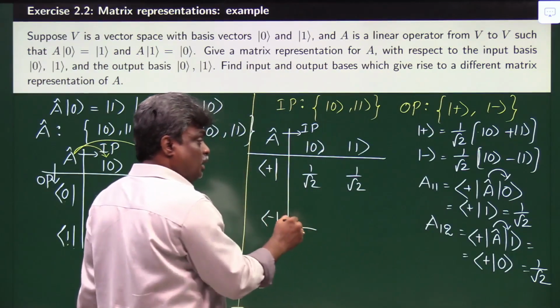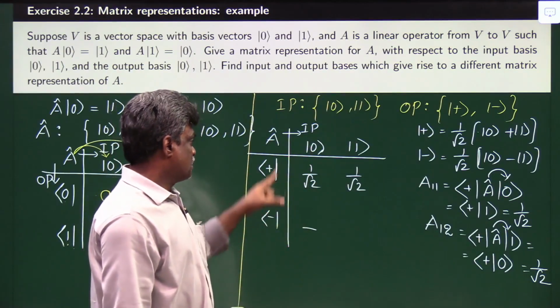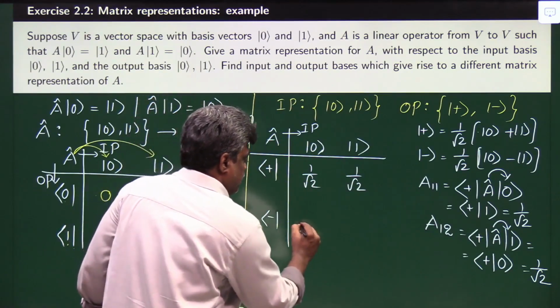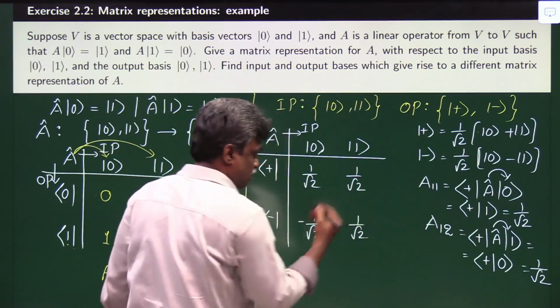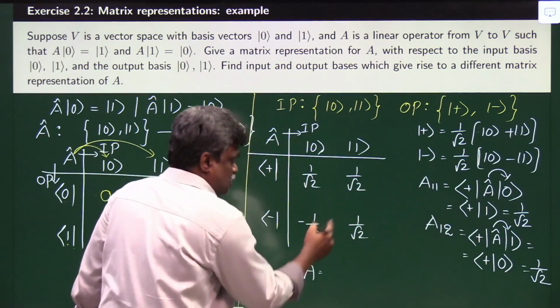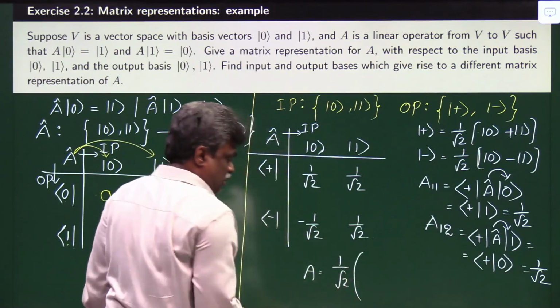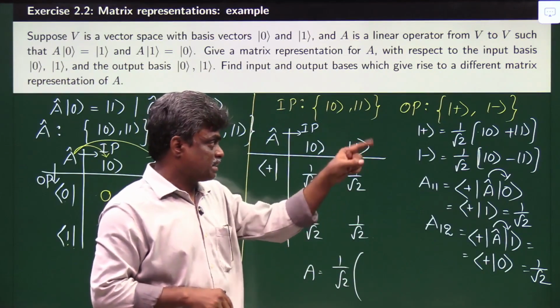This is nothing but A21. So second row, first column, minus, A, ket 0, just operate, and here you will get minus 1 by root 2, and here you will get 1 by root 2. So I request you please do this yourself. Then we get the matrix representation of A, but remember we have changed the output basis to plus and minus.